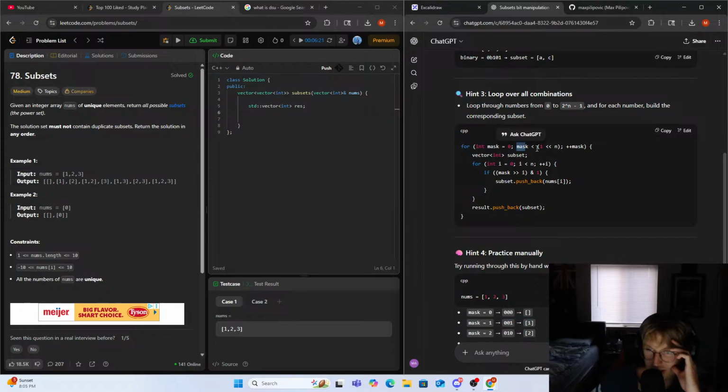Odds are mask is less than 1 bit shift. So 2 to the power of n. That's the amount of subsets, right? Move through the numbers from 0 to 2^n minus 1. For each number, build the corresponding subset. Then we go for i is less than n.